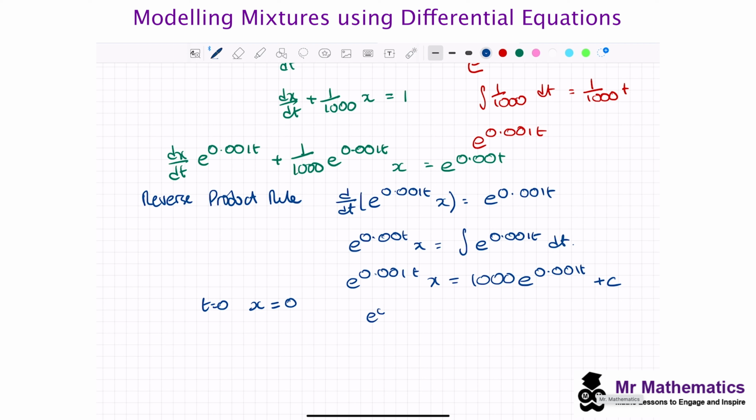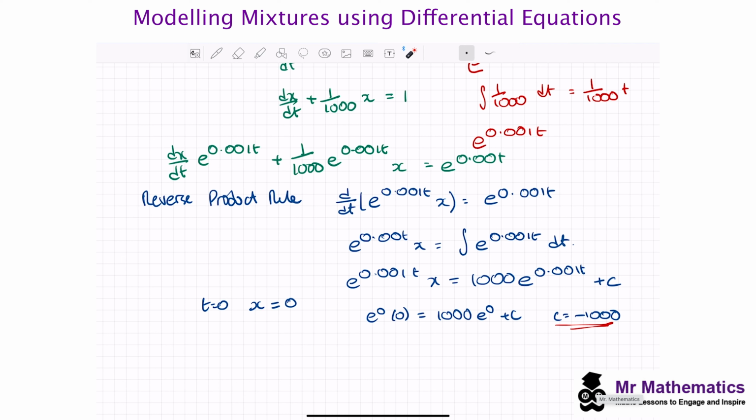So we get e to the 0 times x is equal to 1,000 e to the 0 plus c. And this x is also 0. So the left-hand side is 0. This is 1. So c must be equal to negative 1,000.